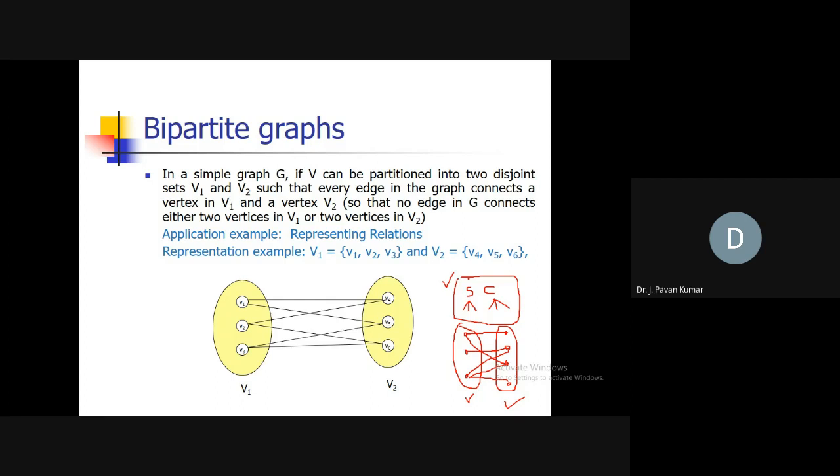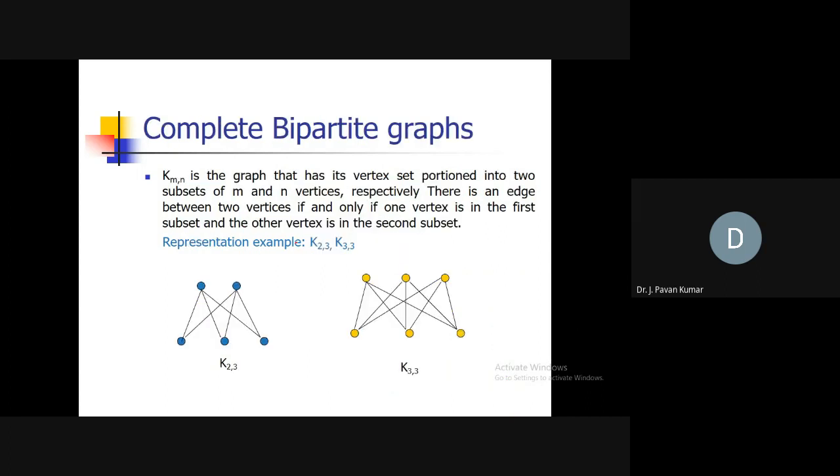The vertex set will be divided into two independent sets. That's it. What is meant by independent set? We will not be having any edges among those vertices. Next, complete bipartite graph: for every pair of vertices, if we have an edge such that one end vertex or one terminal is in one parted set and another terminal is in the other parted set.